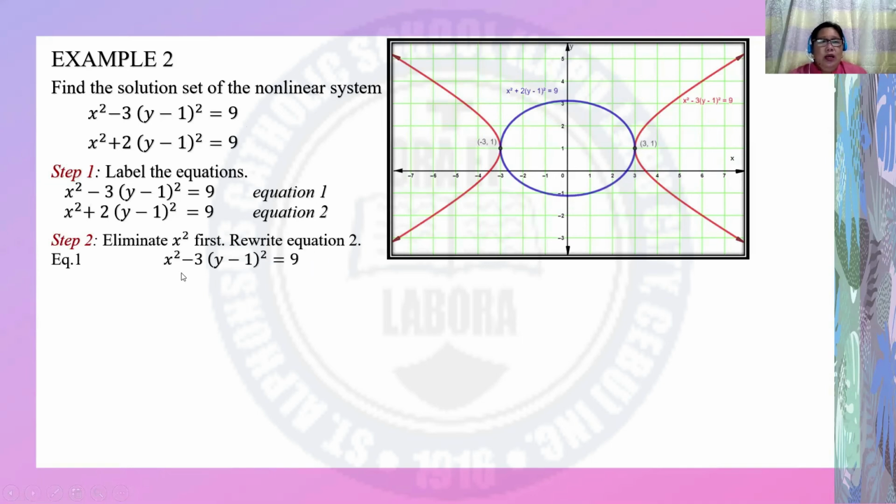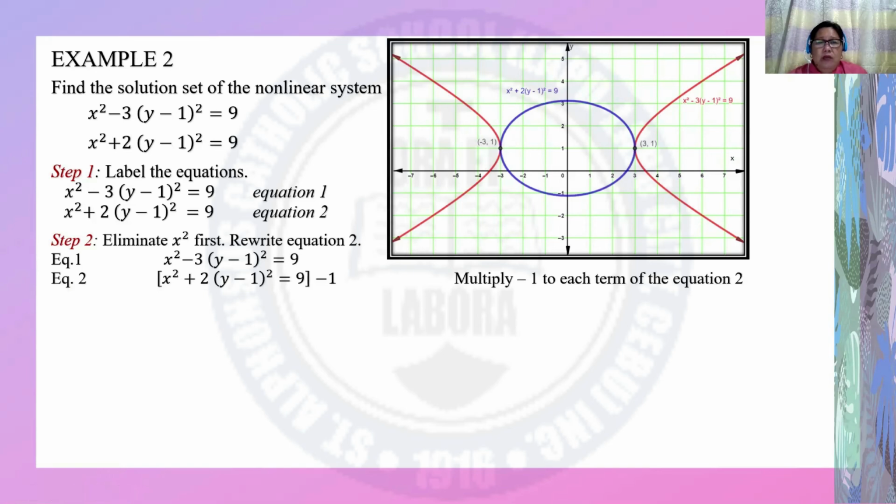So, equation 1 is x squared minus 3 times the square of y minus 1 equals 9. Just copy this. And then for equation 2, we have to multiply equation 2 by a negative 1 so that this x squared will become negative x squared.